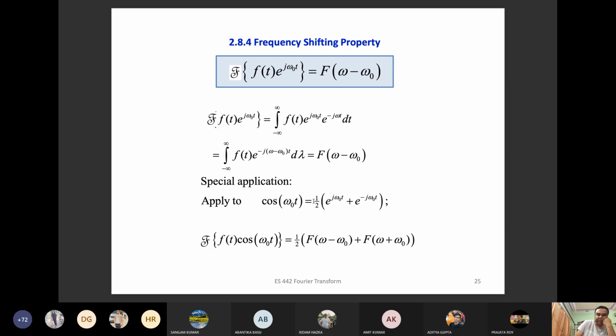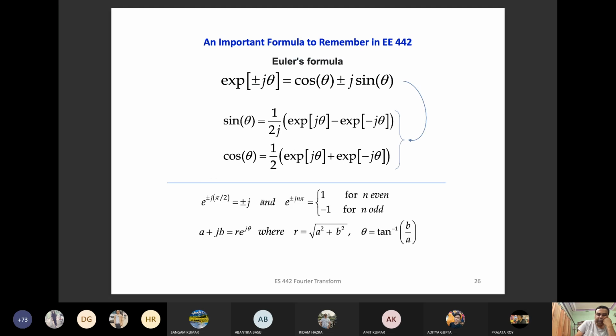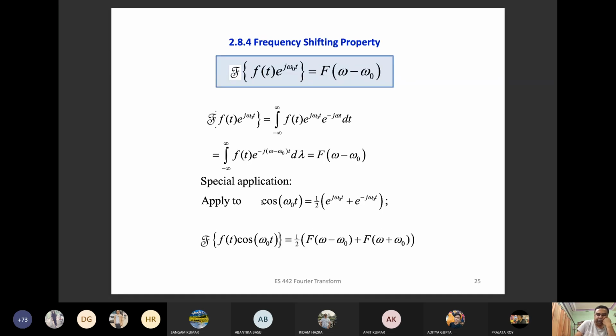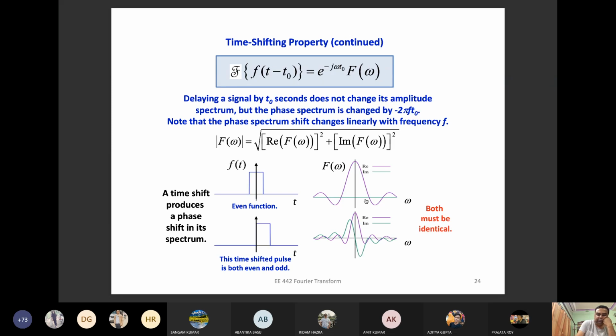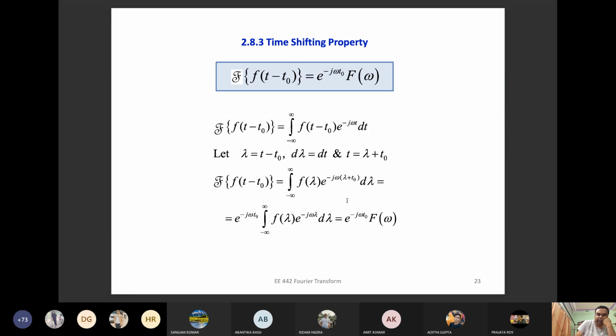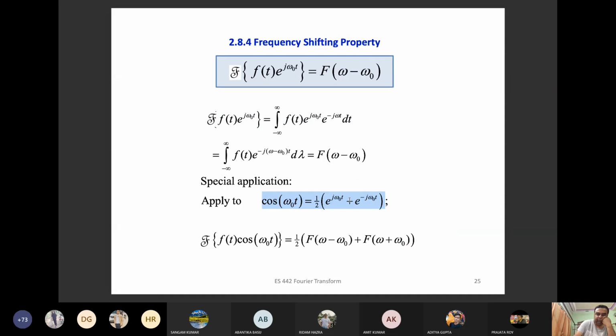What is the name of the inventor? De Moivre's theorem, remember? Yes, sir. Okay.